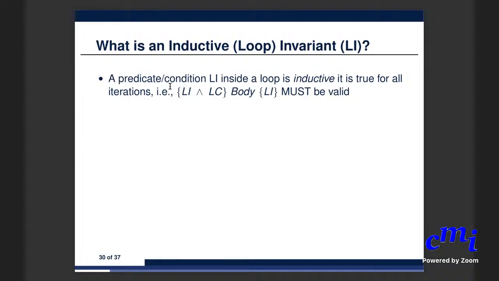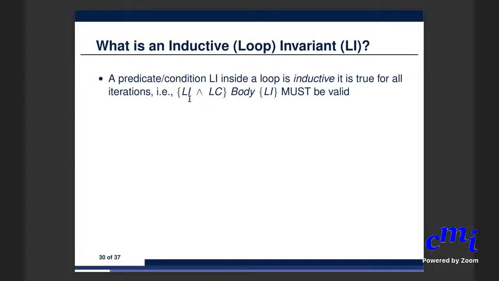In general, a predicate denoting a condition described by a formula, say Li, attached at a particular point inside a loop is said to be inductive if it is true for all iterations of the execution of the body.